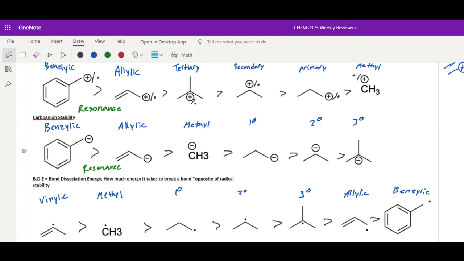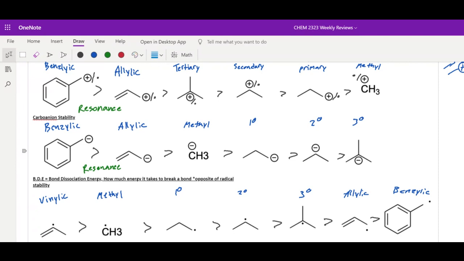Okay, but let's ignore positive and negative charges and stick with radical positions. So vinylic is very unstable, which is why it has the highest amount of energy. It requires the highest amount of energy to break that bond. Okay, and that's the bond between a carbon with a double bond and the radical.